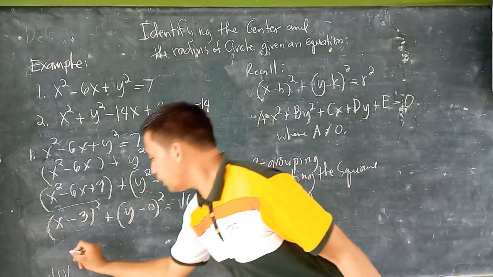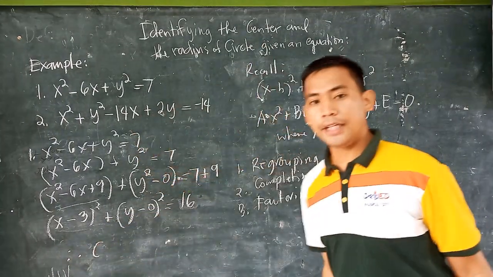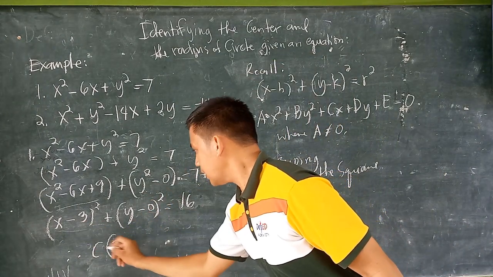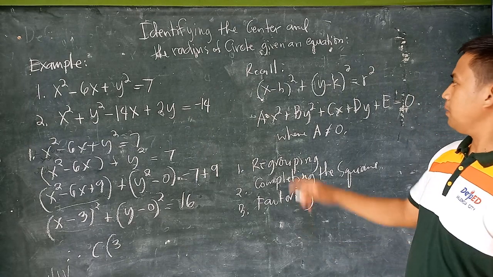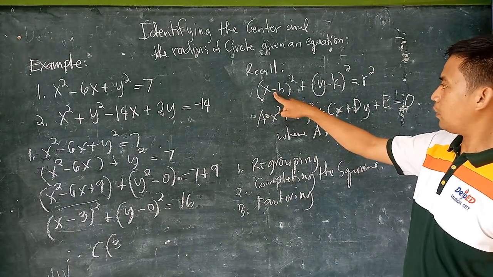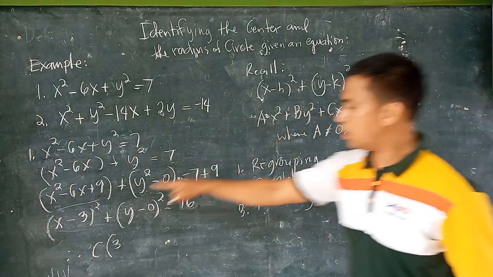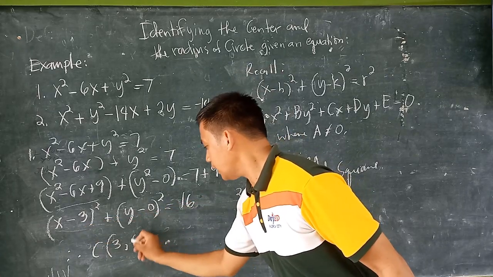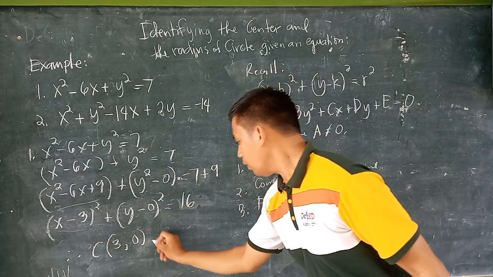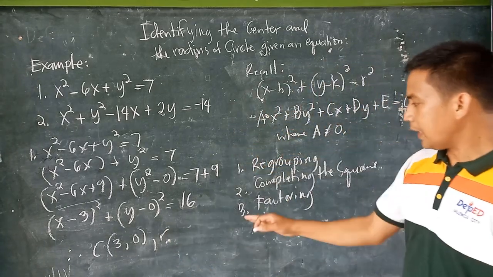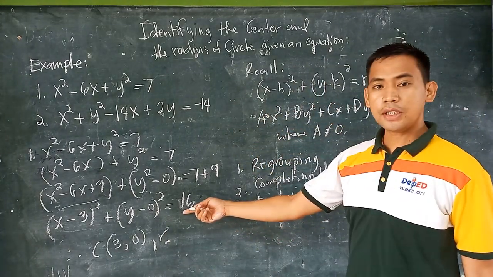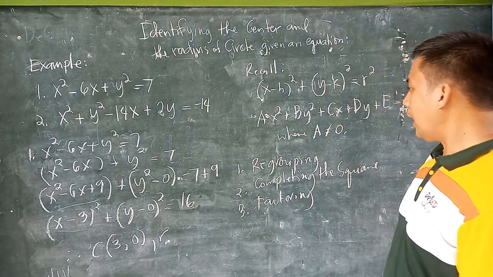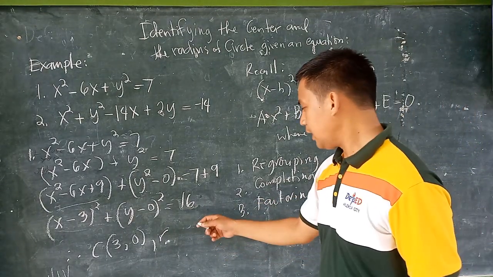For the center, it is clear: h is positive 3, since the equation has x minus h, and k is 0. For r, we need to get the square root of 16, since r squared is equal to 16.